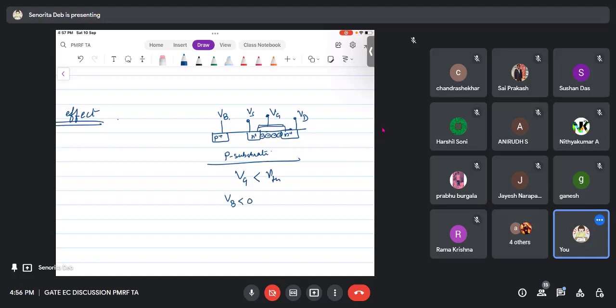Whatever holes are there, they will get, sorry, I am putting Vb greater than 0. If I put Vb less than 0, nothing will happen. But if I put Vb greater than 0, what will happen? Actually, Vb less than 0 will also happen, I will tell you. So Vb greater than 0.